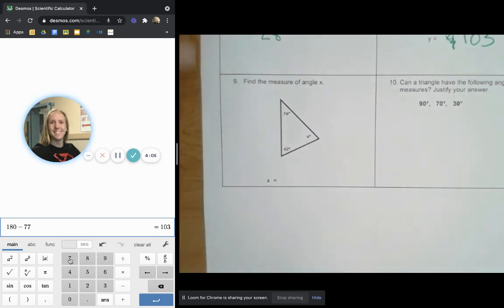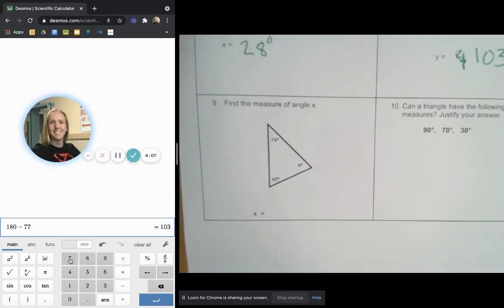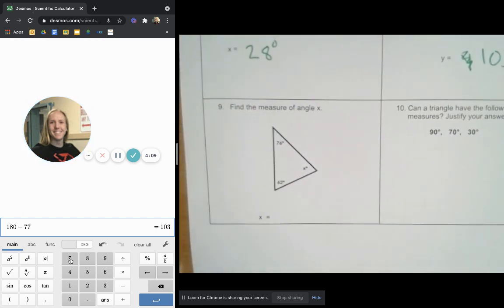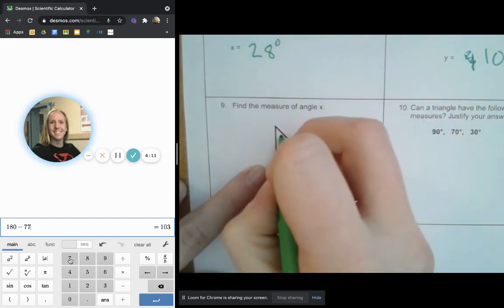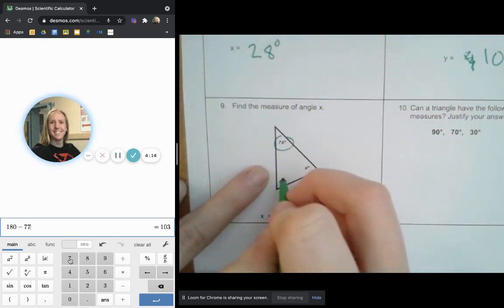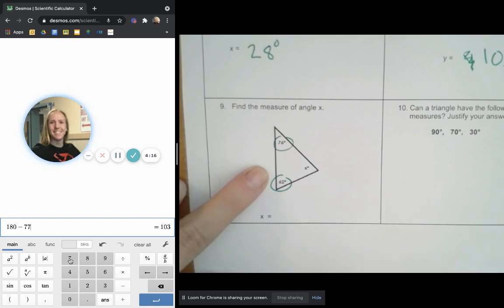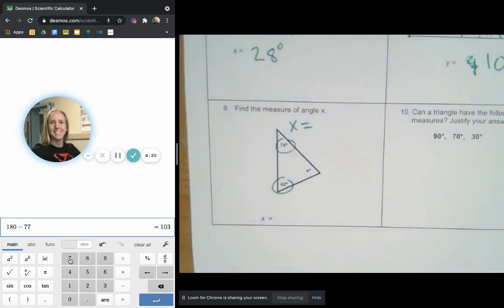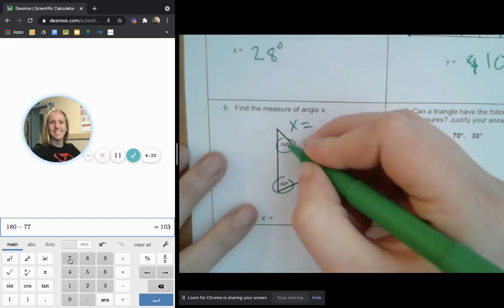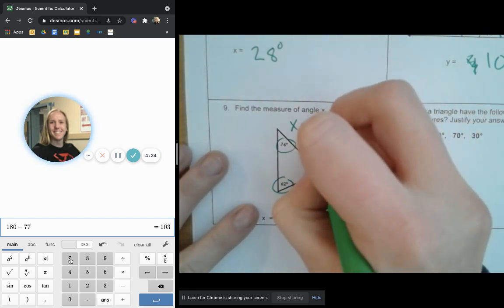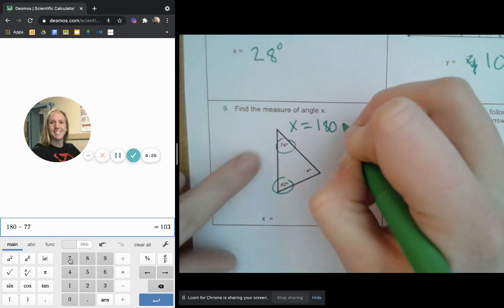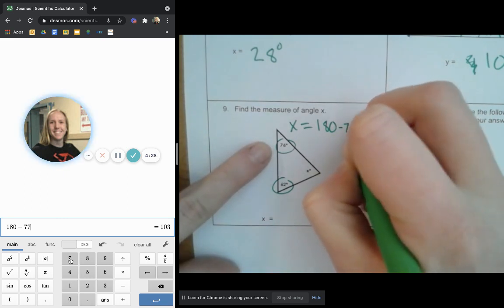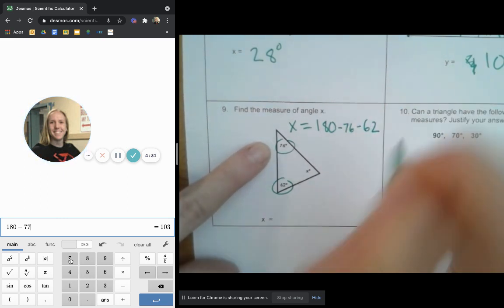Same idea for this one, you guys. It says find the measure of angle X. This is a triangle. We know this 76 degree angle and we know this 62 degree angle. We are trying to find X. X is going to equal the whole thing minus this angle and this angle. So the whole thing is 180 degrees, and we want to take away the parts we know, minus 76 and minus 62.